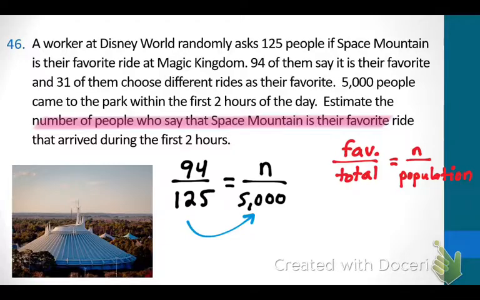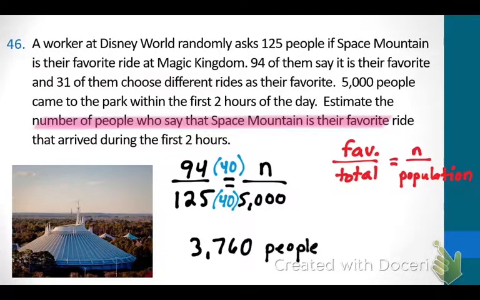In order to do that, I can take the bigger number, 5,000, and divide it by 125. Then I would find my missing link is 40. So what do I have to do to find the answer? Multiply the top also by 40. Guys, what's 94 times 40? 3,760. Now this is a modeling real life problem, so I want units attached. What would it be? People is correct.